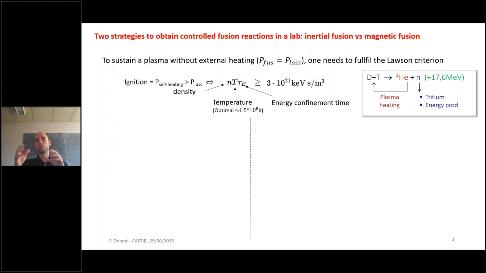And doing a simple calculation, you can derive a criterion for having this self-heating be higher than the loss, which is equivalent to having the triple product of the density times the temperature times the energy confinement time above a given threshold. This threshold actually depends on the fusion reaction we are considering.